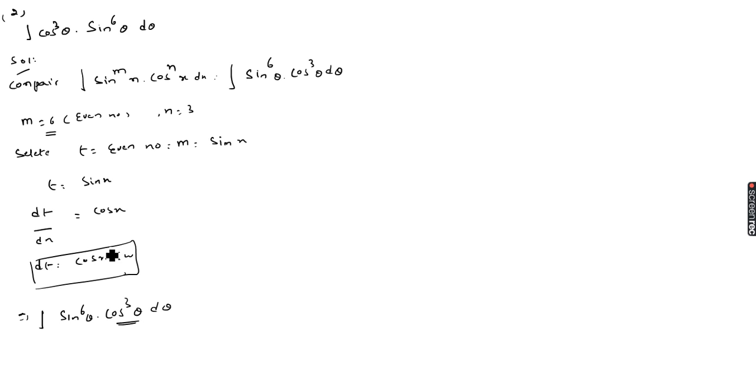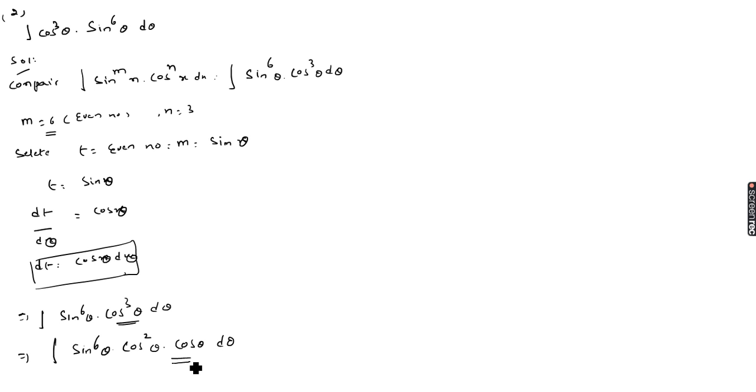From that cos cubed theta, we separate one cos value: sin power 6 theta into cos square theta into cos theta into d theta.